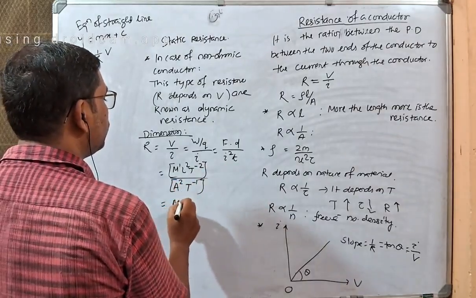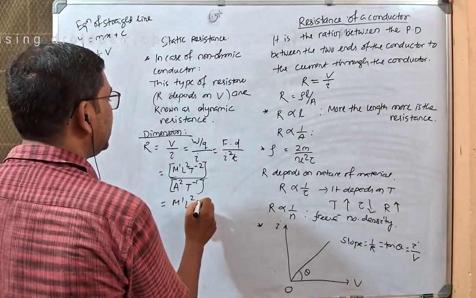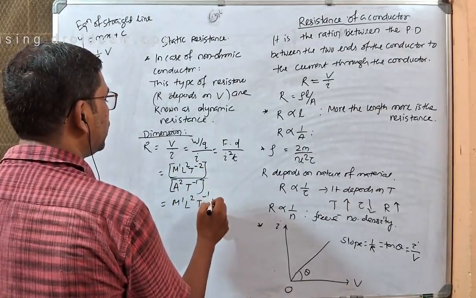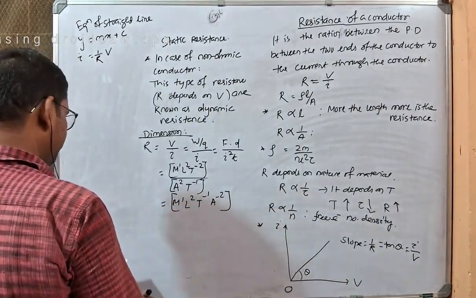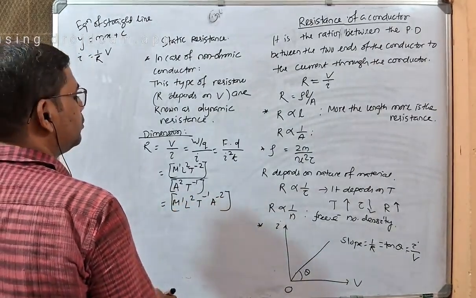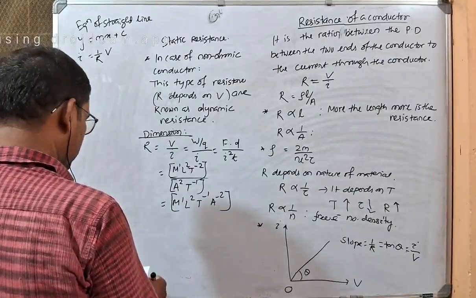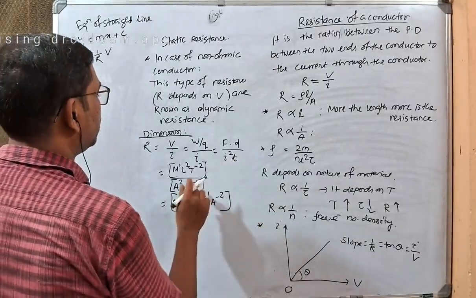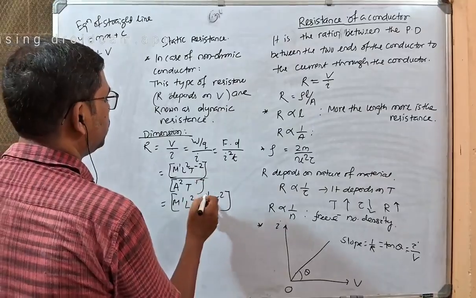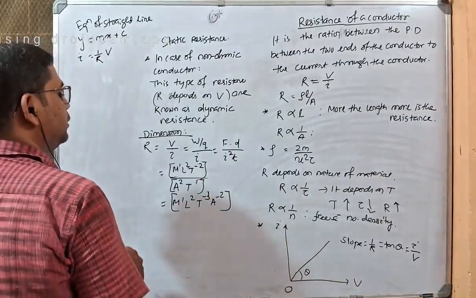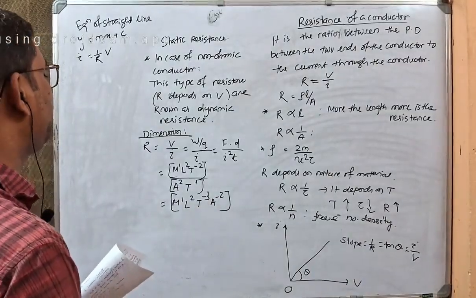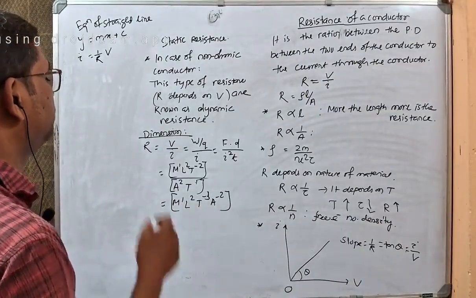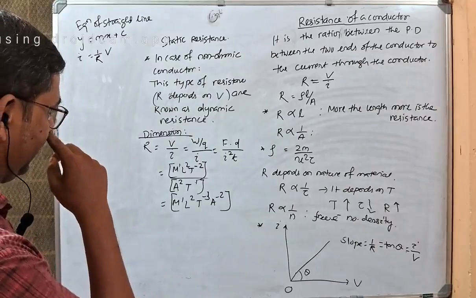So that is M1 L2 T minus 1 A minus 2. Is it right? I did some mistake. This is T plus 1, sorry. So if it will go off, it will become minus 3. M1 L2 T minus 3 A minus 2. Okay.